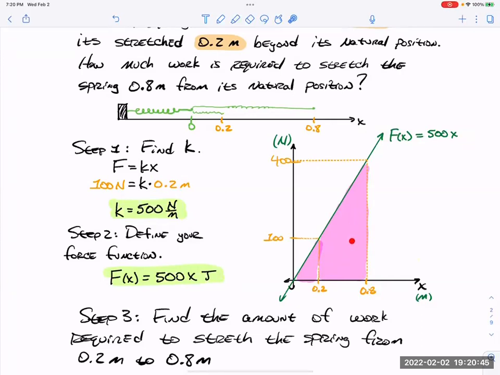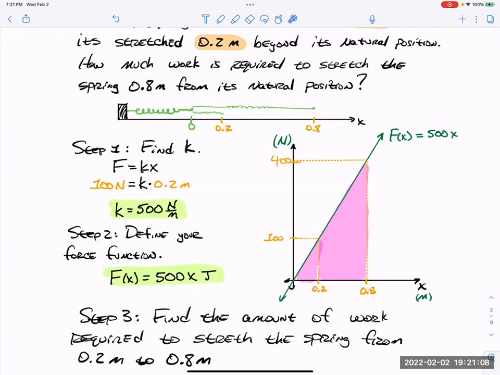That's where the integral comes from, because we know how to find area below a curve, right? We set up an integral. And so this is the application. So to find the amount of energy or the amount of work to stretch the spring, we find the area below the force function, which is in units of joules. That's where it comes from.